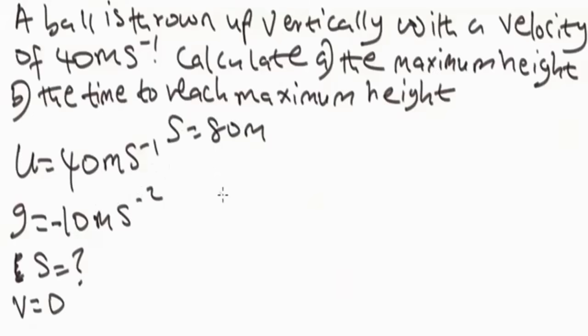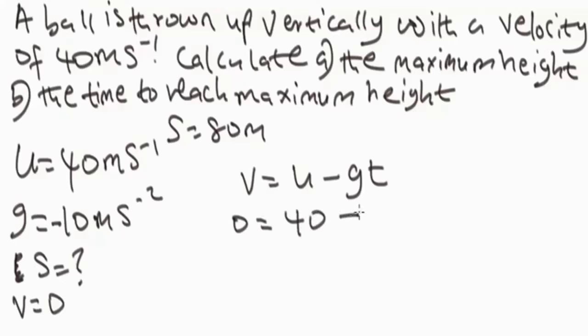To calculate the time, we can use v equals u minus gt. So when you substitute, our v is 0, so 0 equals 40 minus g, which is 10, times t.